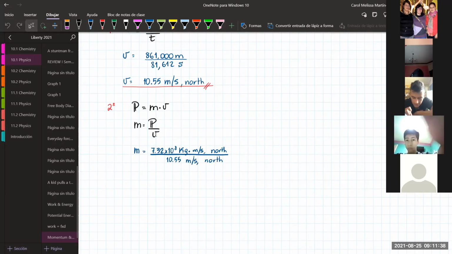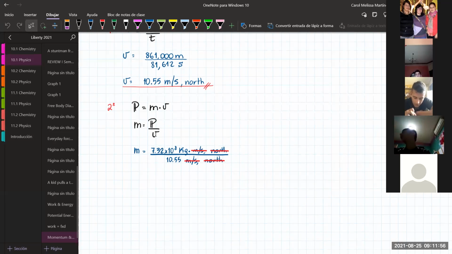So this allows me to cancel meters per second with meters per second, and I don't need to write the direction because I just need to talk about how massive the train was.